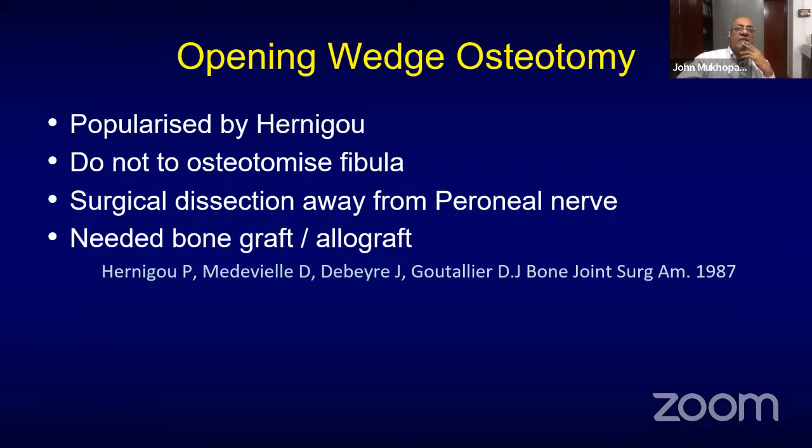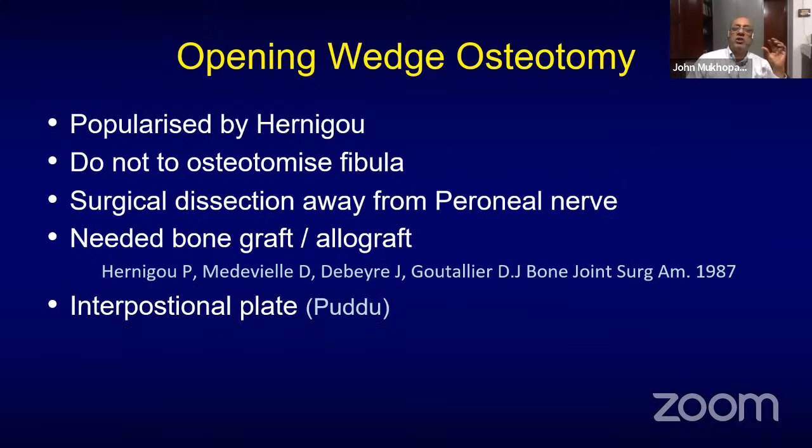So there were other techniques also described. Kudu from Italy talked about the interpositional plate, where you did an open wedge osteotomy, but you put in this plate which had a block of metal which kept the osteotomy apart, and you fixed that into the osteotomy so that you stabilized the osteotomy and did not allow it to collapse.